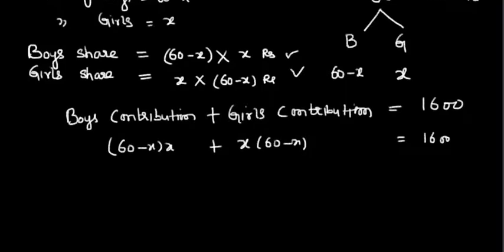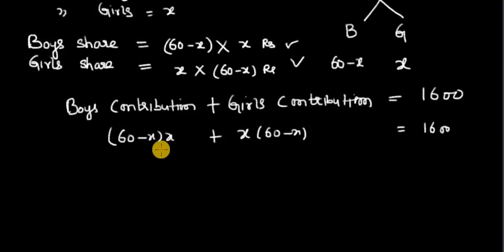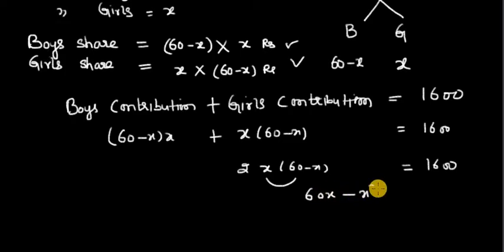Next, if you observe, these two are equal terms. I can take it as 2 times x into (60 minus x) equal to 1600. Moving the 2 to the other side and multiplying, this is 60x minus x square is equal to 1600 by 2.